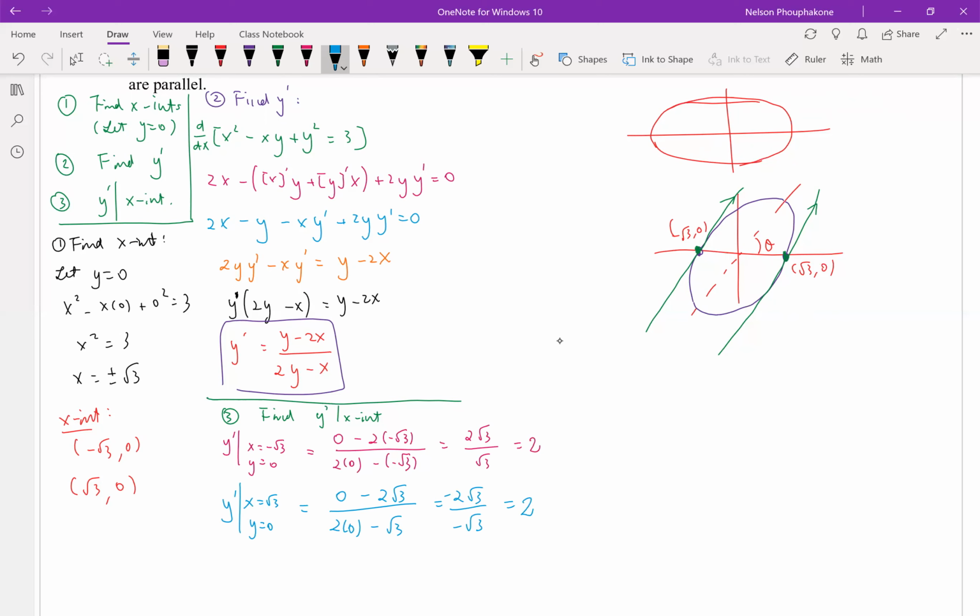Then they are the same, meaning what? The two tangent lines are parallel.